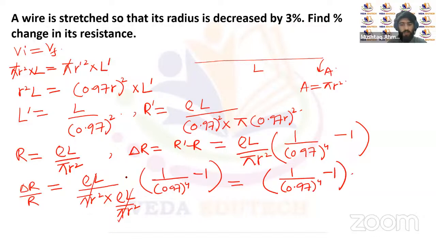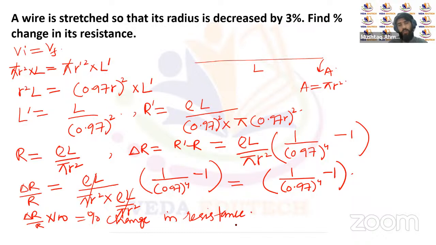If we multiply it with 100, we will get the percentage change in resistance.